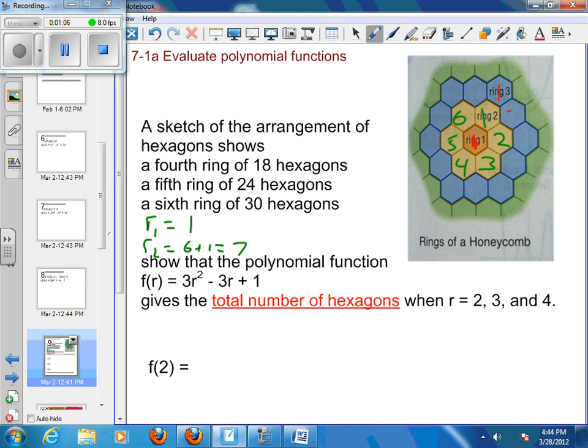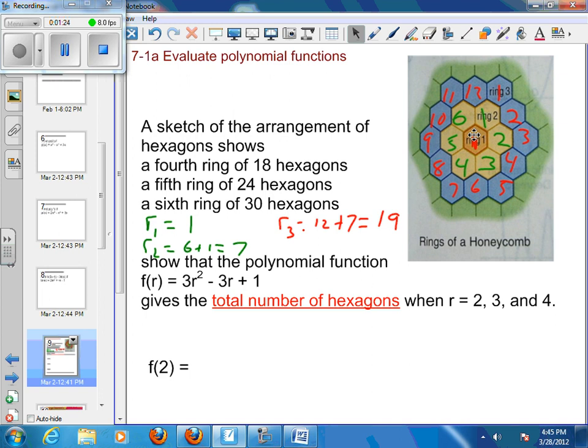And then if I continue counting out, I go to my ring 3. Ring 3 has 1, 2, 3, 4, 5, 6, 7, 8, 9, 10, 11, 12. So ring 3 has the 12 plus the 7 we had before, so that would be 19 total hexagons.